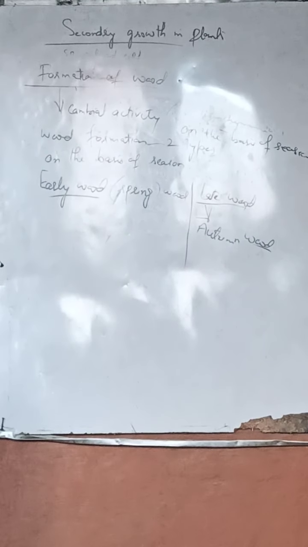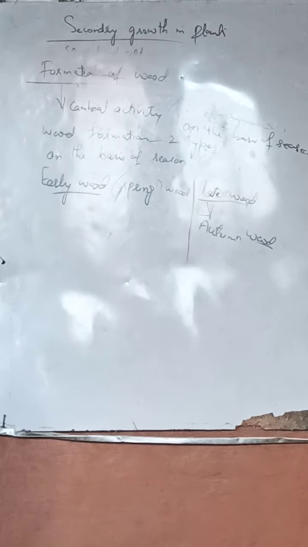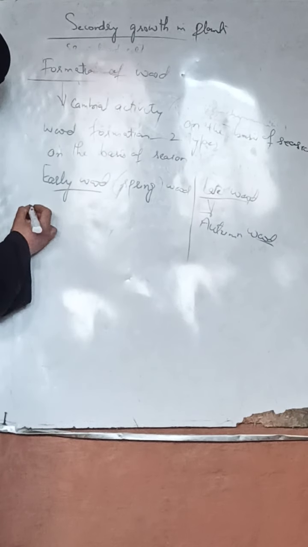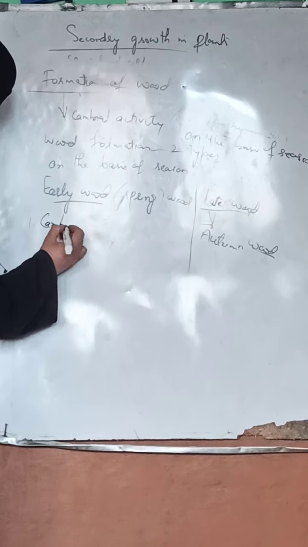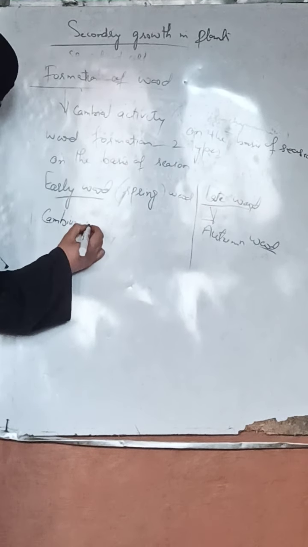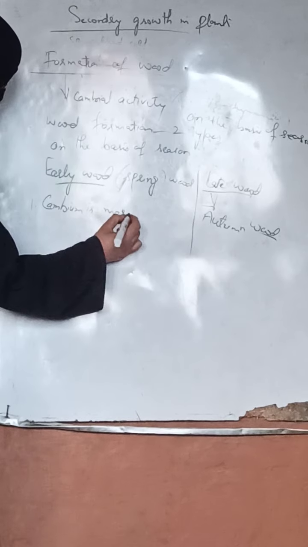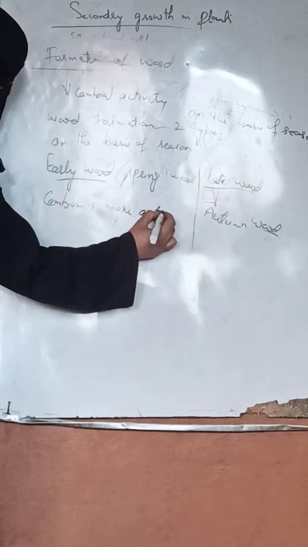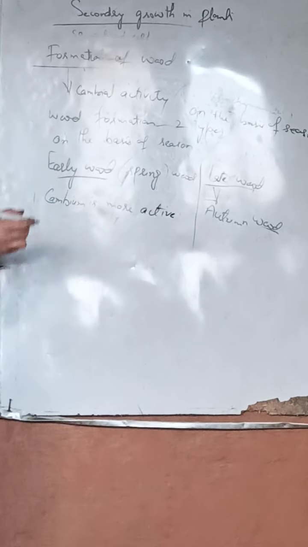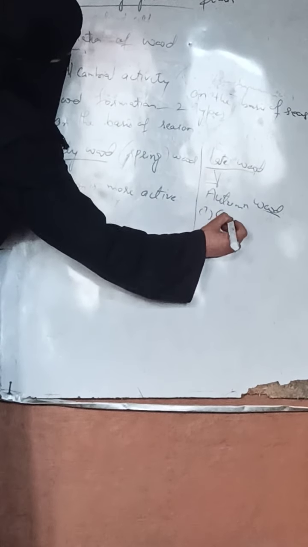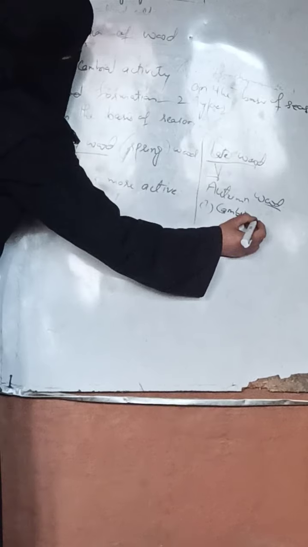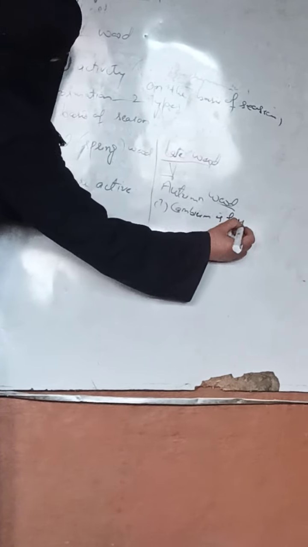Cambium is active in early wood. In favorable conditions, in case of early wood, cambium is more active. As far as autumn wood is concerned, cambium is less active.